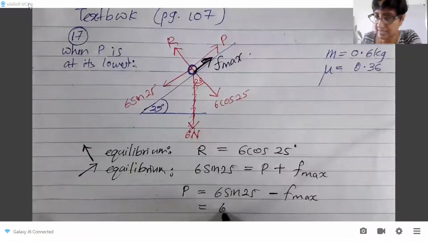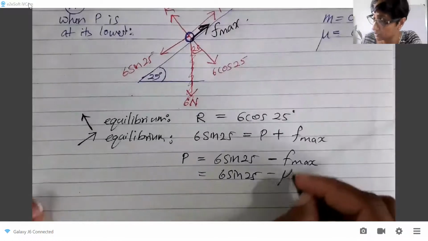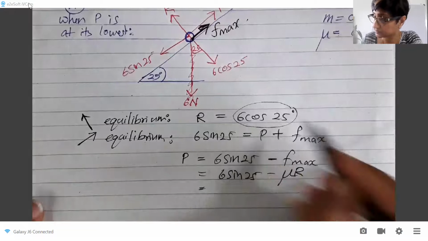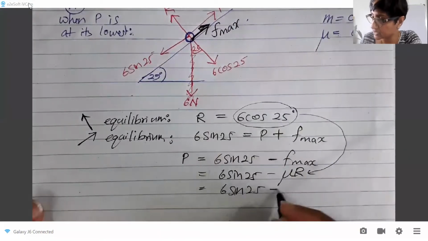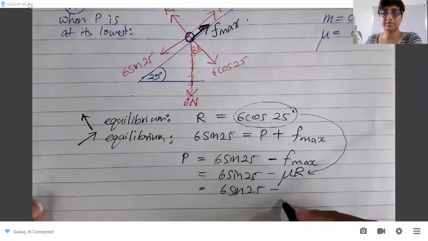F max is mu R. I can put R from here: 6 sine 25 minus mu 6 cos 25. Mu is 0.36.